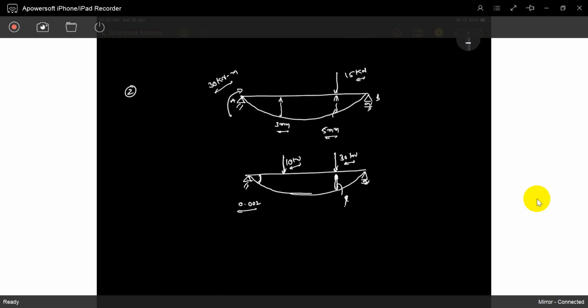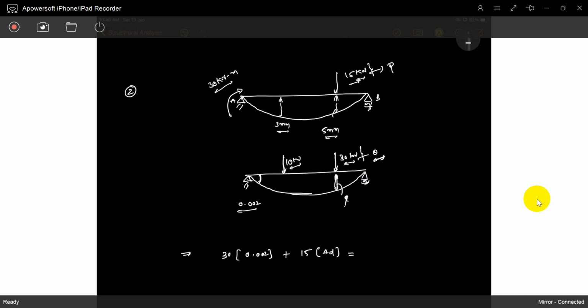See, same thing. This is the P force and this is called the Q force. The work done by the P force is 30 kilonewton meter times the displacement by the Q force: 30 multiplied with 0.002 plus 15 multiplied with the unknown displacement, is equal to the work done by the Q force through the displacement by the P force.